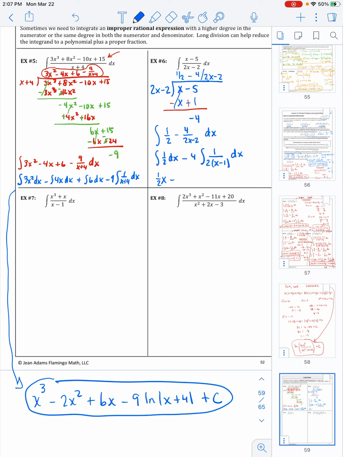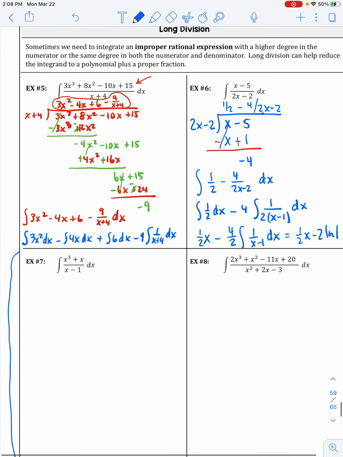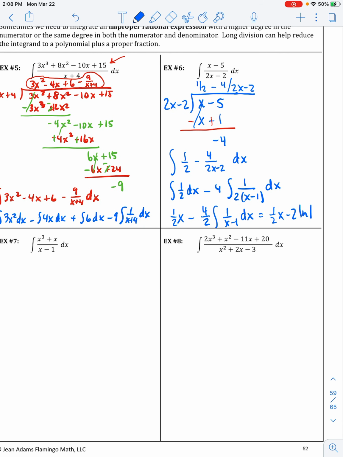I know this is going to be 1/2 x, but when I bring that 2 out, this becomes 1/2 x minus 2 times the natural log of x minus 1 plus c.